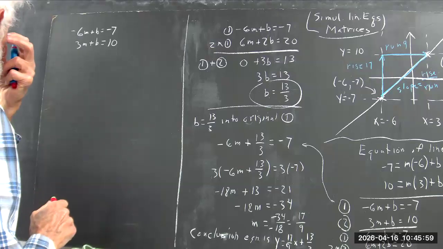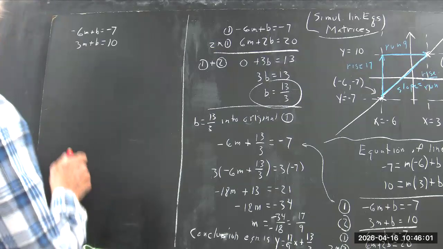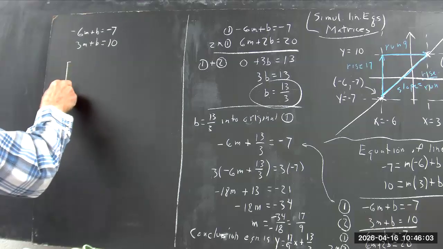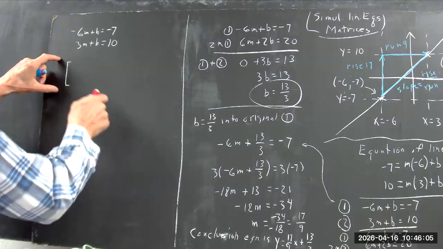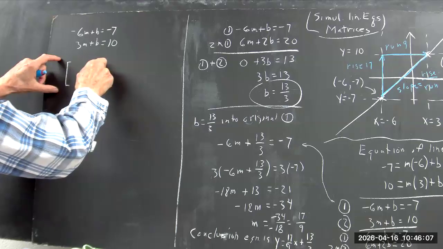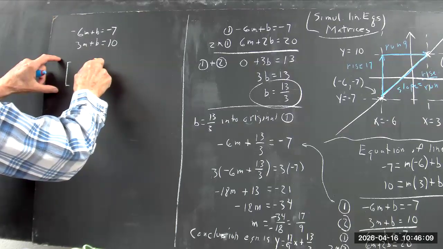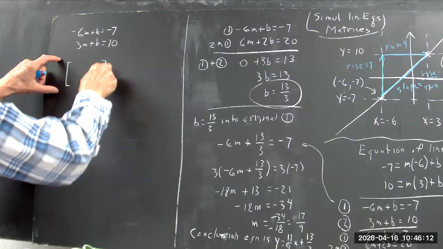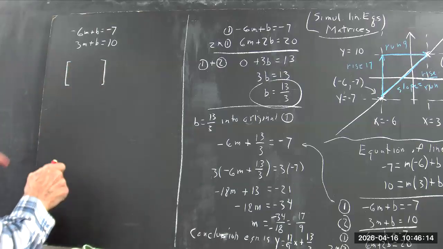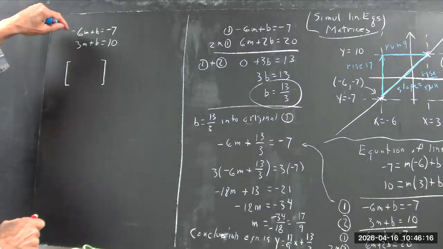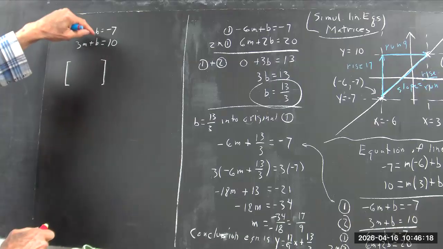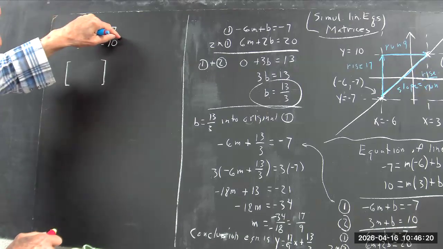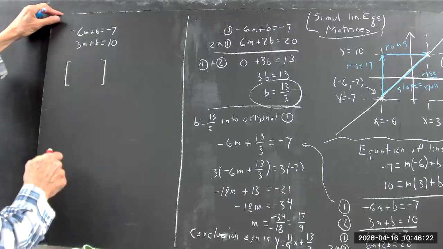I'm going to write these equations in a shorthand. I'm going to put a square bracket on the left, square bracket on the right, and leave myself enough room to write the coefficient of m, the coefficient of b, and the number to the right of the equal sign.